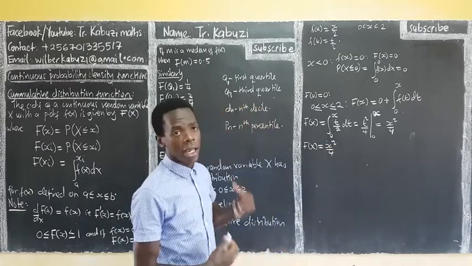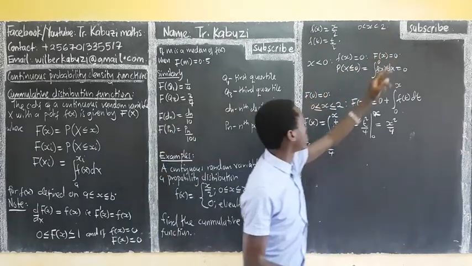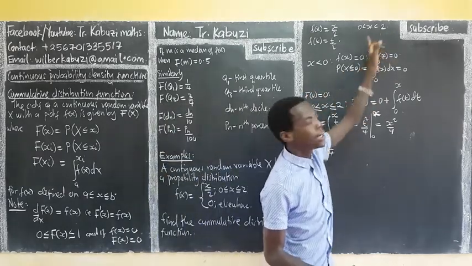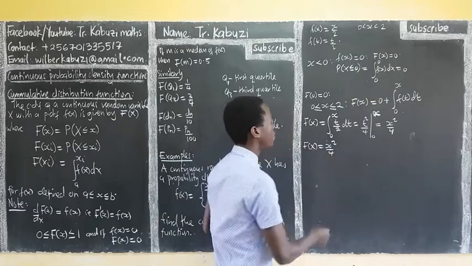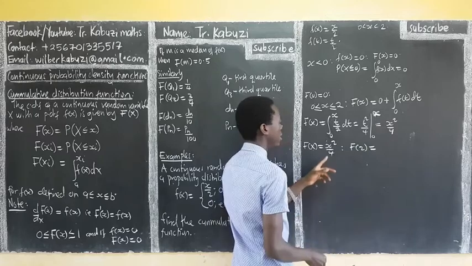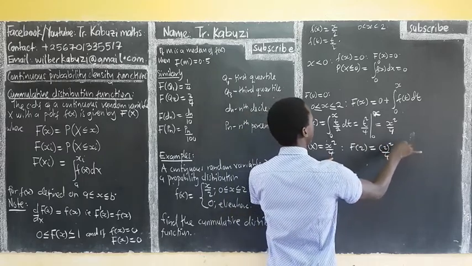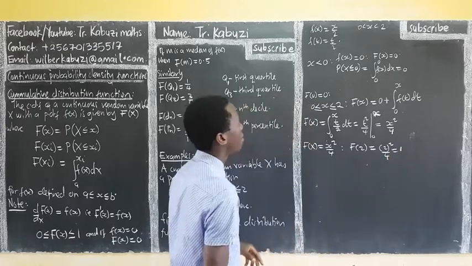Now we need the value at the next interval, which is above 2. So we substitute this upper limit: our F of 2 is 2 squared over 4, which will be 1.